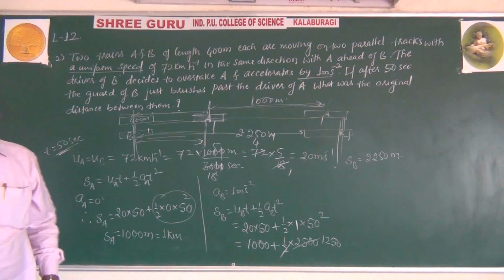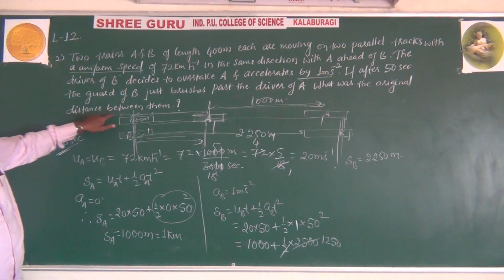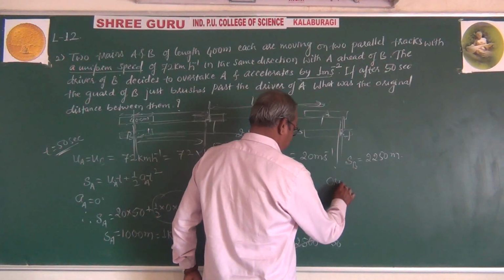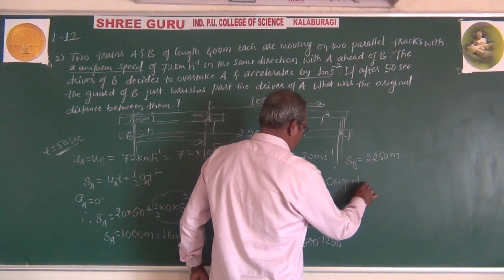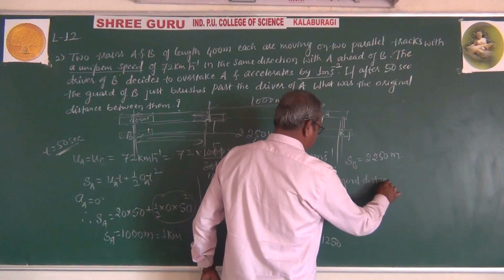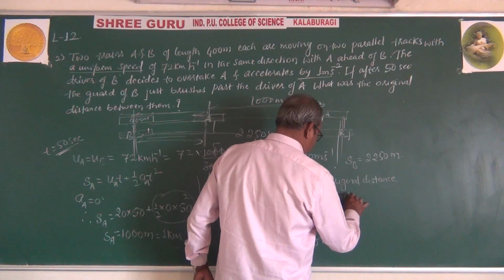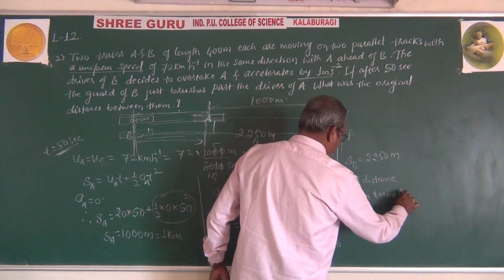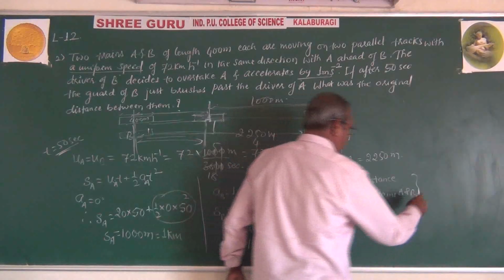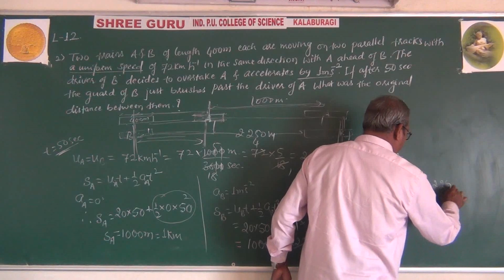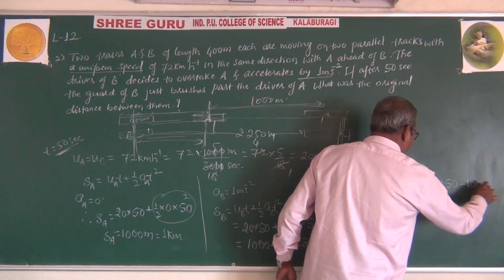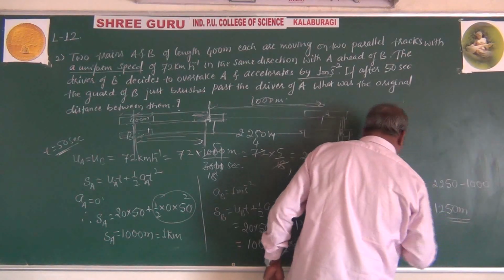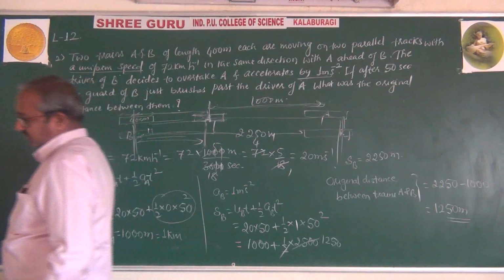Therefore the original distance between the trains A and B equals 2250 minus 1000, which is equal to 1250 meters. This is the original separation between the trains A and B.